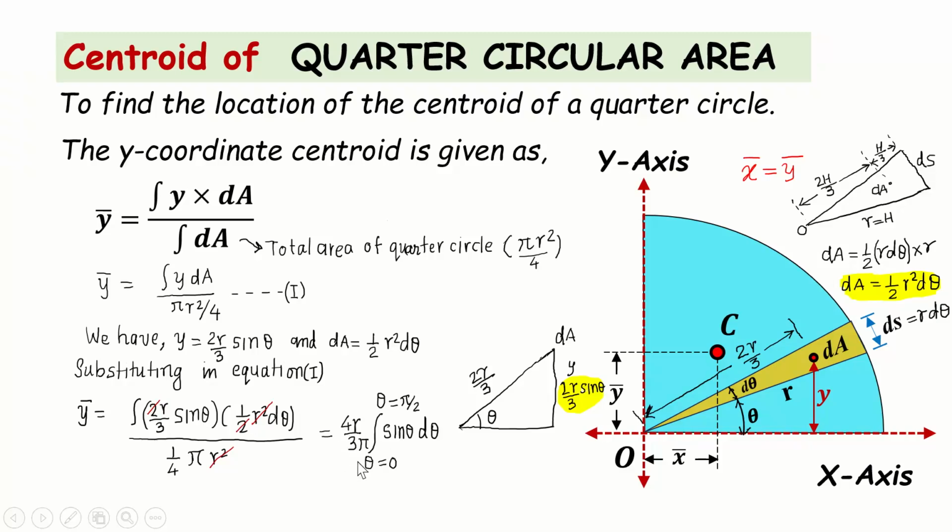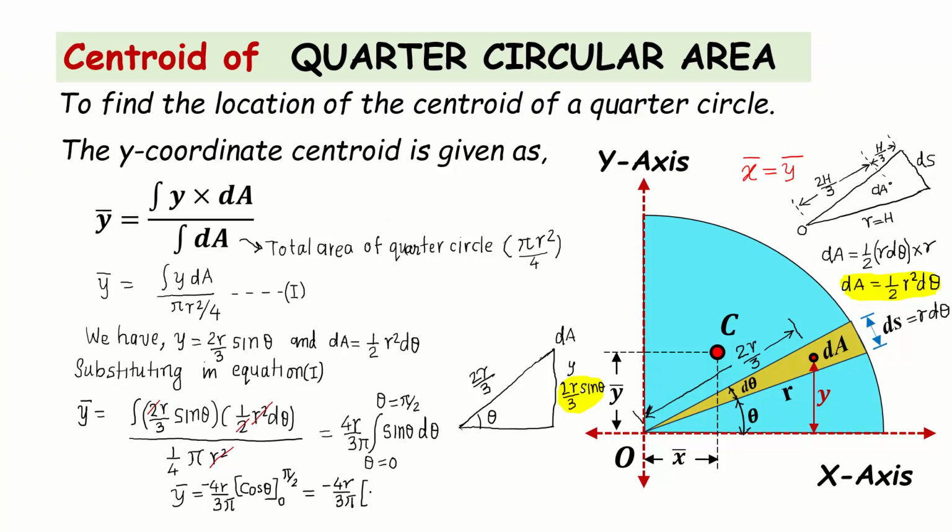Now I'll simplify it further. Integration of sine theta is minus cos theta. Outside I'll be writing minus, and this is going to be cos theta, and the limit is 0 to pi by 2. So when you substitute the limit, you'll be getting minus 4r by 3 pi as it is.